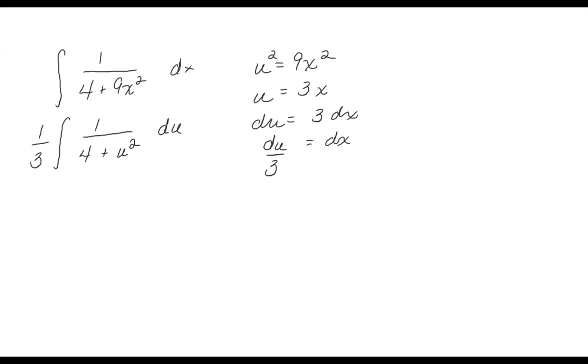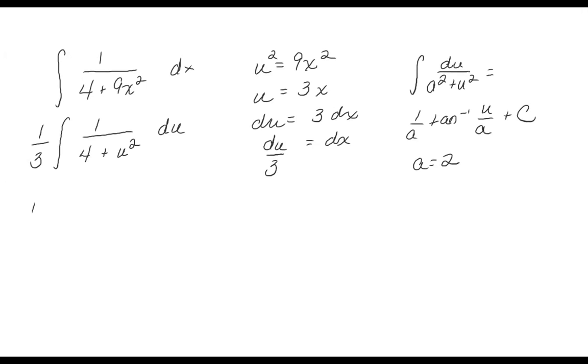And now, since my u is there exactly as it is in the formula, remember it was integral du over a squared plus u squared. That was my formula. And my a value is 2 now.